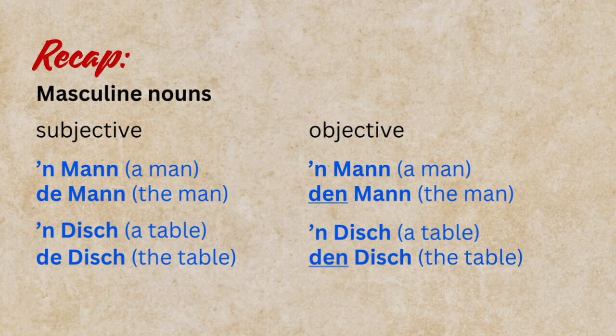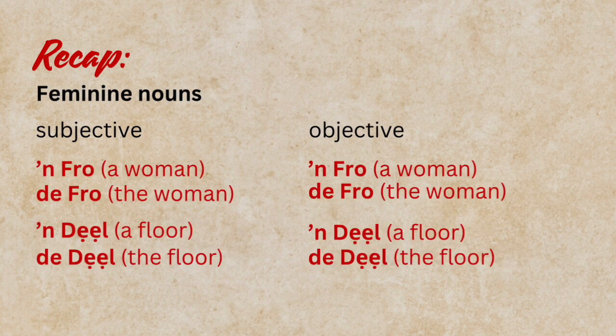Recap. Masculine nouns. Man, de man. Man, den man. Dish, de dish. Dish, den dish. Feminine nouns. Vrouw, de vrouw.